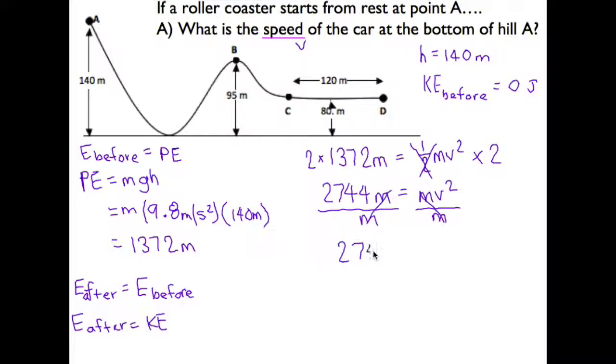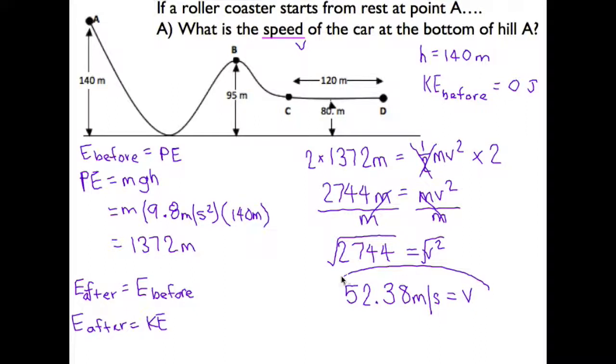Now you have 2744 equals v squared. You can take the square root of both sides, and you'll end up with 52.38 meters per second as your velocity at the bottom of the hill.